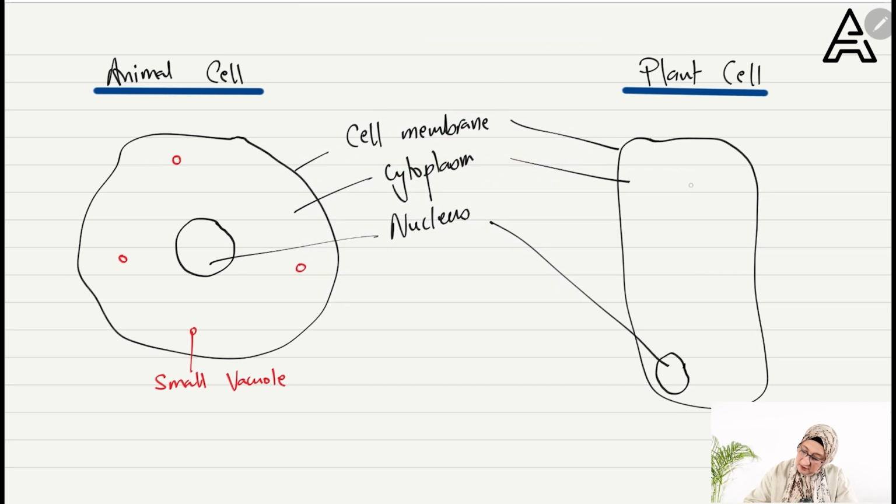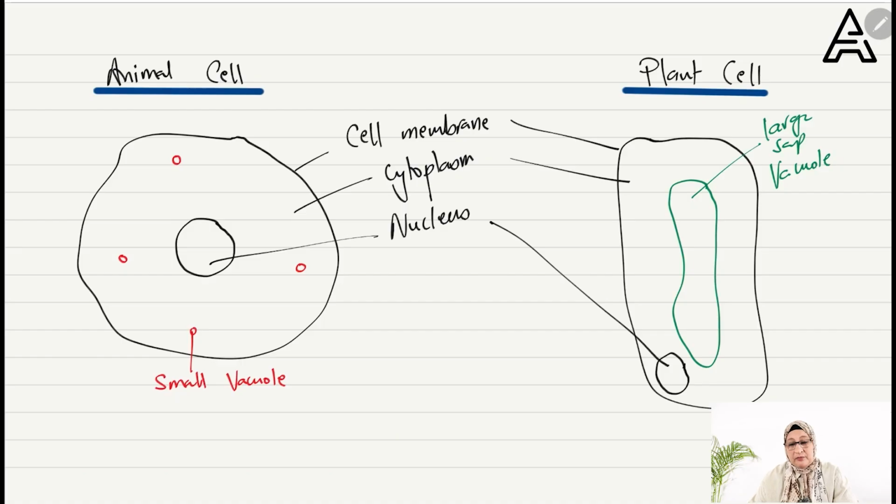will have in the middle a large sap vacuole. Large sap vacuole. And it's different from the vacuole of the animal cell because it is permanent. Permanent means it doesn't rupture or disappear. It's important for storage of water and minerals.